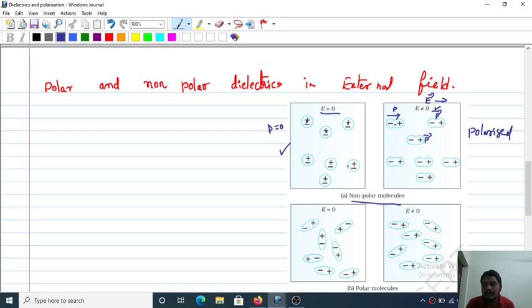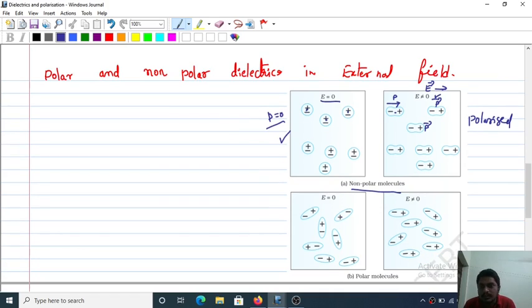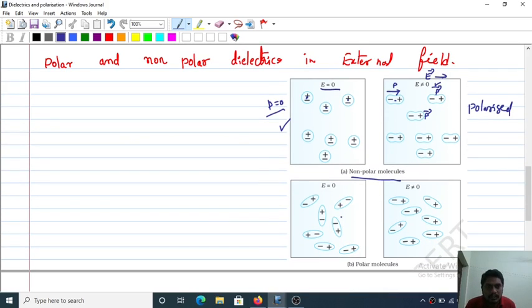Their centers are slightly displaced from their positions. In the presence of the electric field they have a dipole moment, but in the absence of the field the dipole moment is zero. This is what happens in non-polar dielectrics.